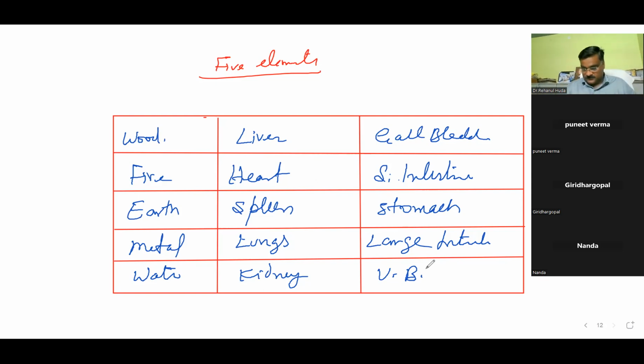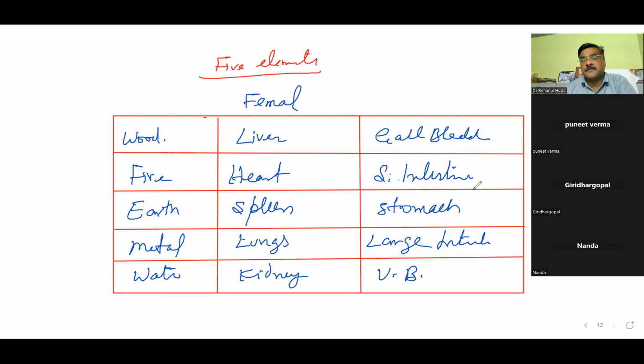which are governing each other. These 5 organs, liver, heart, spleen, lungs, and kidney, we call female organs.